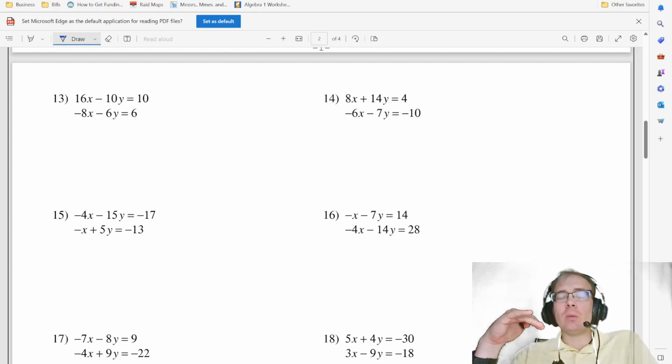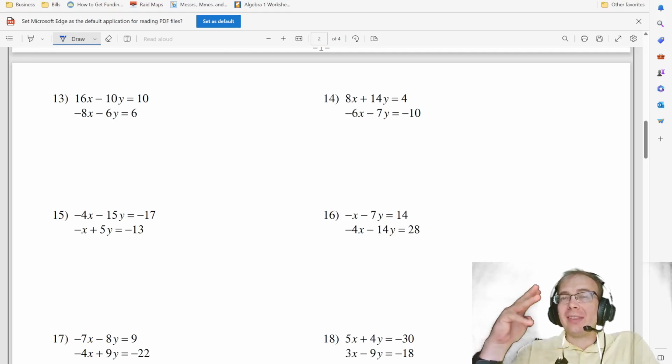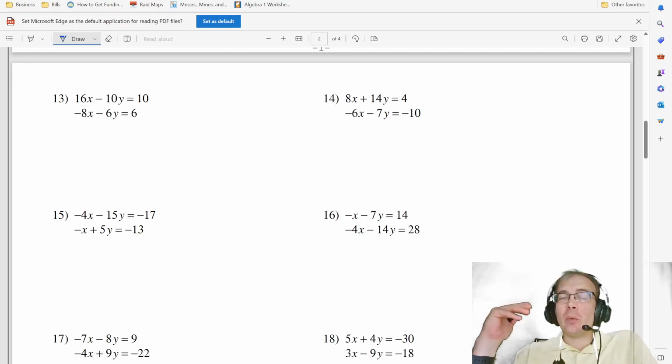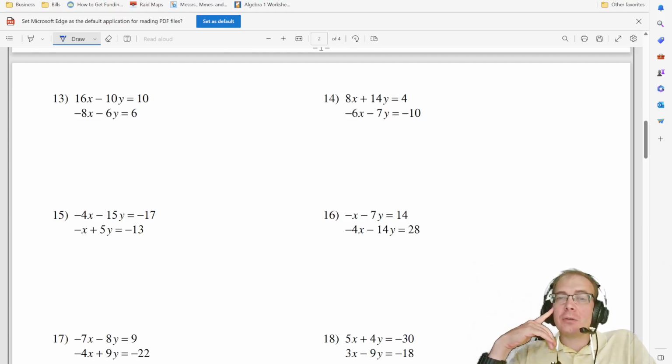And we're past the point where they're just maybe the same. So like the numbers in front of the X or the Y are the same, but they also have the same sign. So we want one of them to be the opposite, so we just kind of switch the signs. That's also pretty nice. Or if you can kind of just multiply one of the equations by something, and then you get opposites, that's kind of nice too.